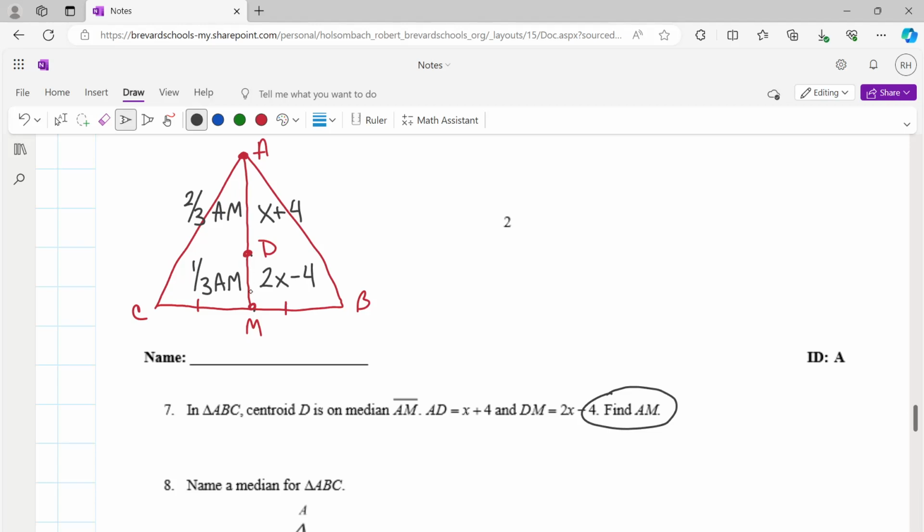The short piece is equal to 1/3 of the entire median. The long piece is equal to 2/3 of the entire median. So what we can do now is write two equations. Since we have a 2/3 AM that equals AD and an x plus 4 that equals AD, then 2/3 AM is equal to x plus 4.